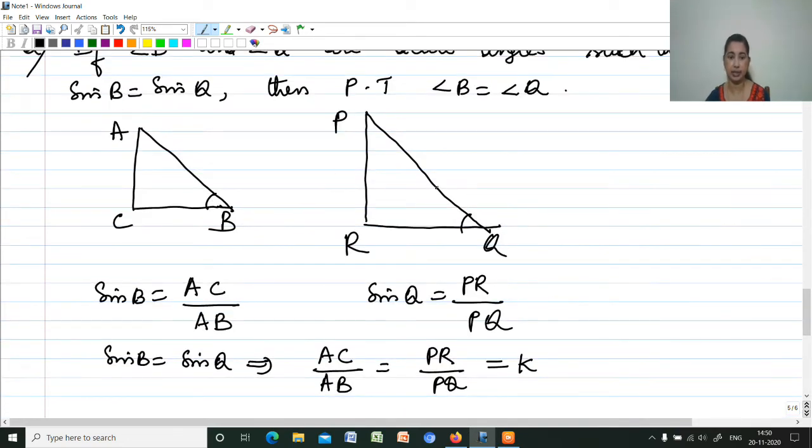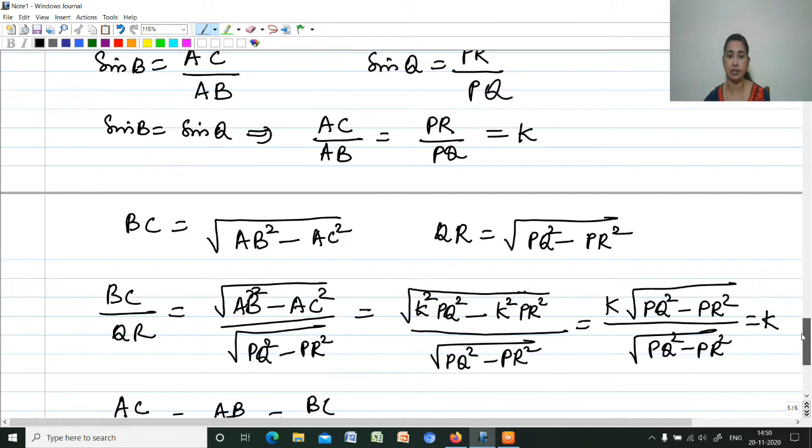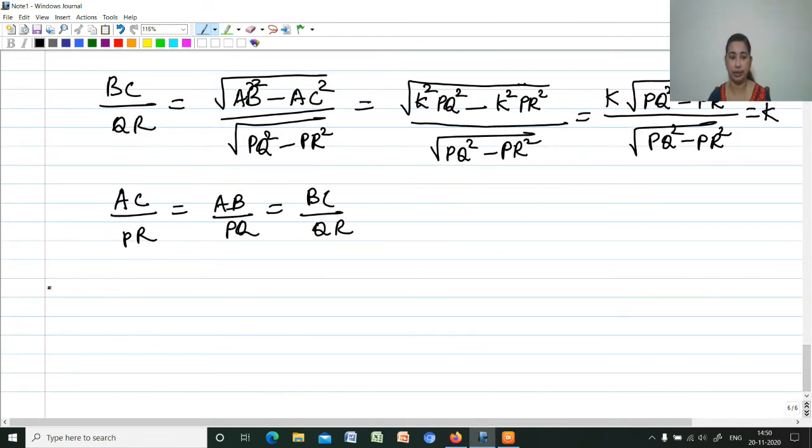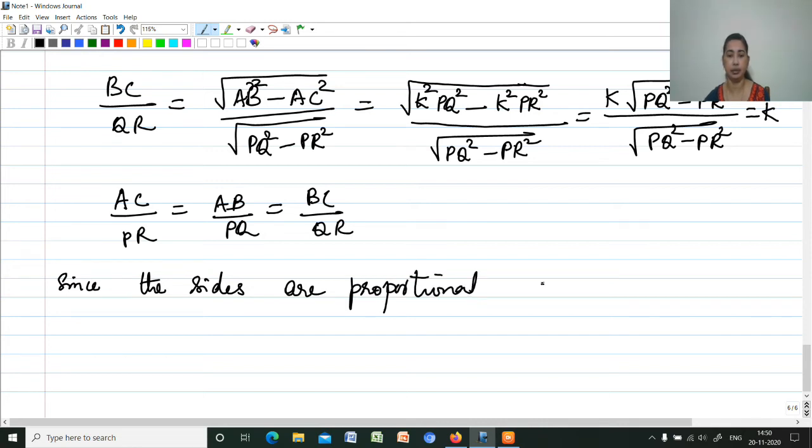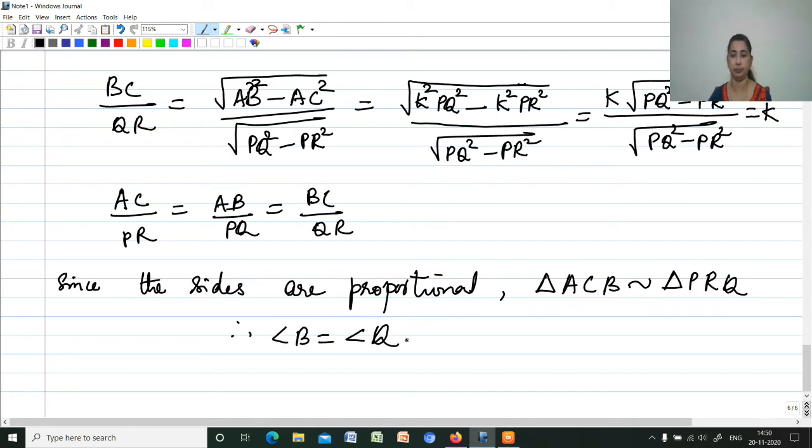Since the sides are proportional, we can say that triangle ACB is similar to triangle PRQ, and therefore all the corresponding angles will be equal, that is angle B will be equal to angle Q. That's what you have to prove here.